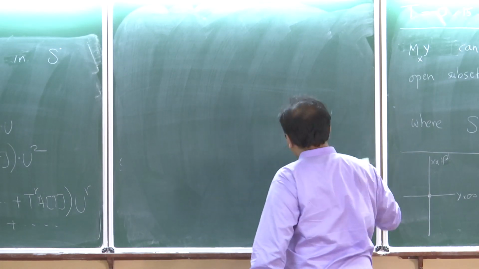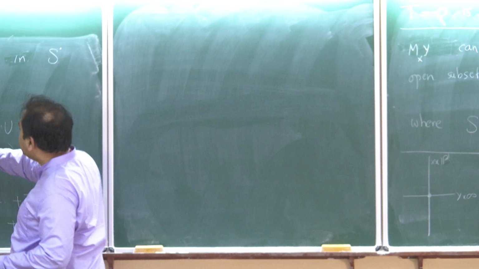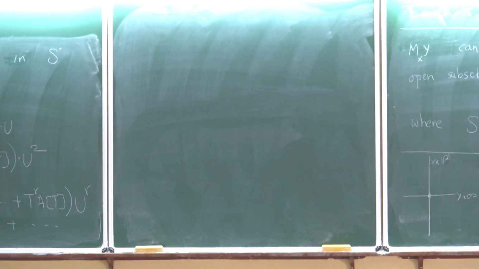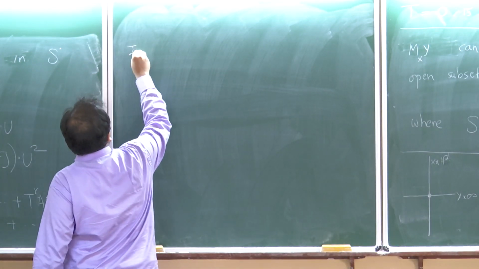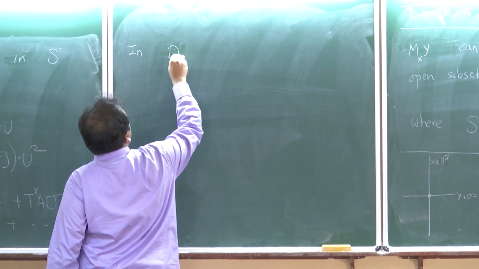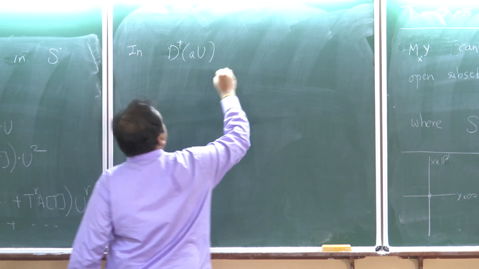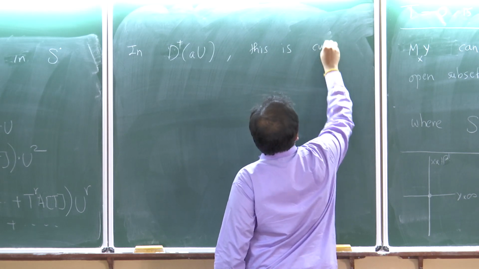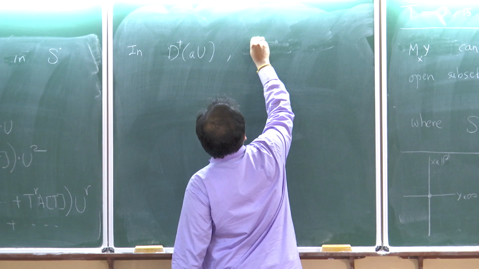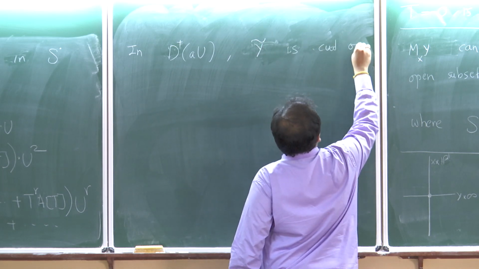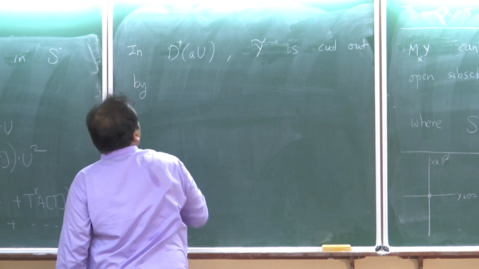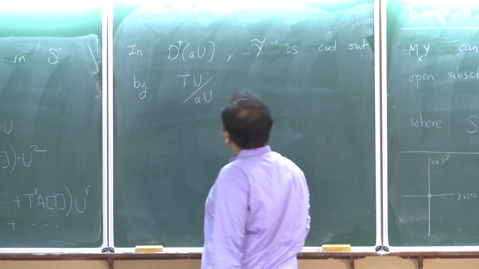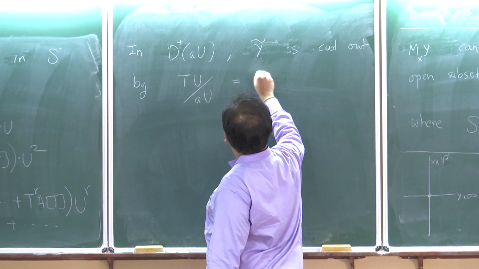So the generator for this: if I take this ideal, I localize and I go inside this patch, then you can see that in B plus of A U, this y tilde is cut out by T U over A U. So this is now degree 0, which is basically T over A.